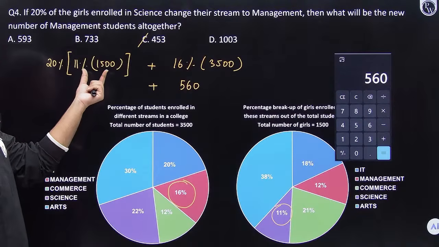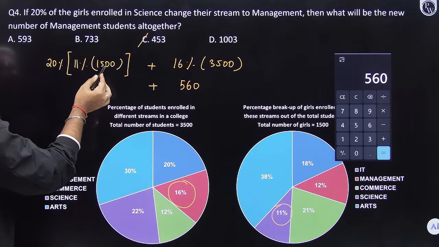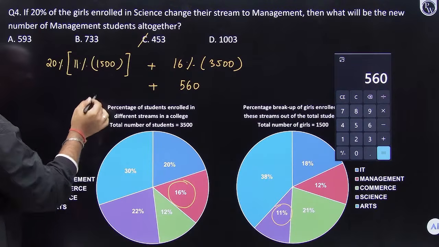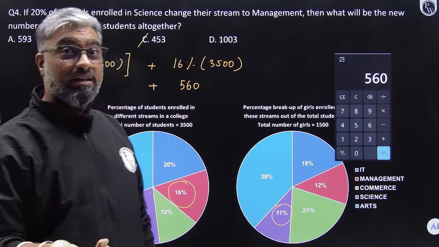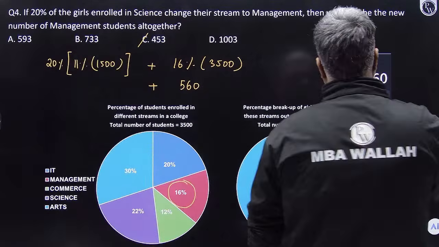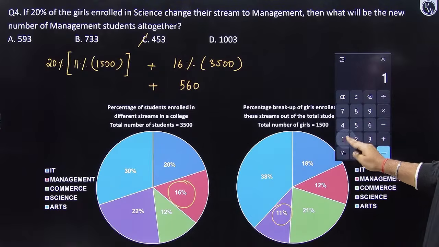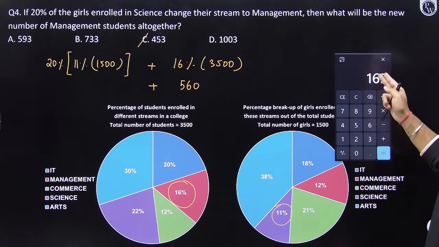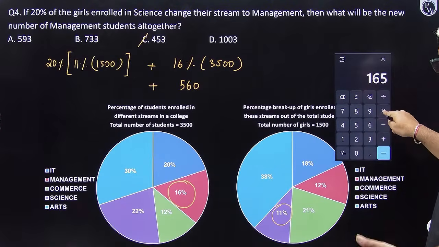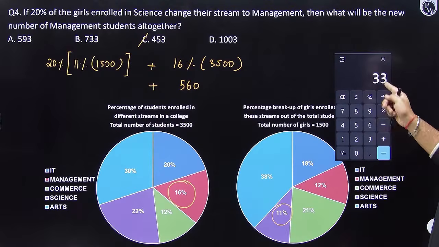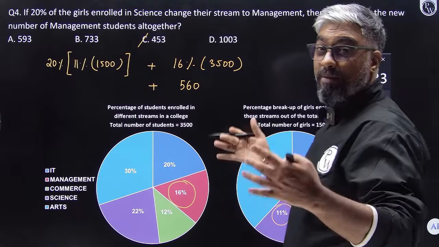Now look at this. 11% of 1500 is 165. Of this number, 20% is just 33. It's not a big number.